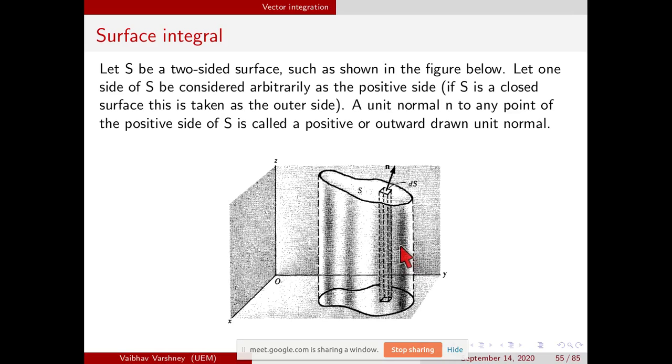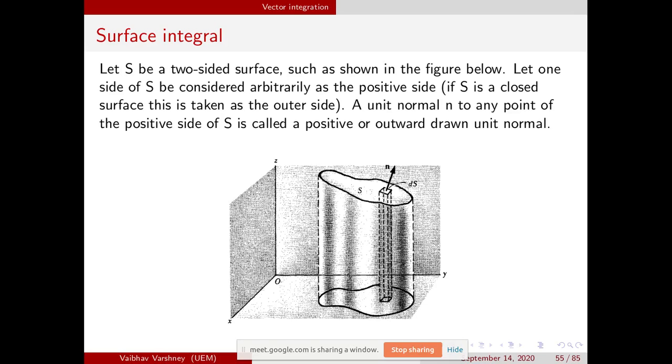If we want a projection of this small element ds of the full area S on the xy plane, we all know that to project a vector onto another vector or a plane, we have to do the dot product with the unit vector.